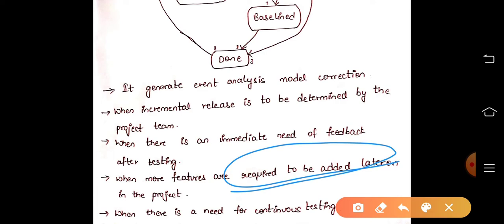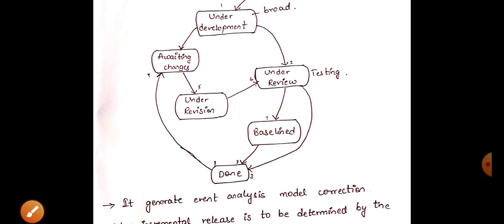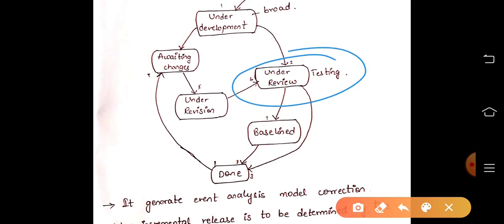And when there is a need for continuous testing, done in under review, when a software product needs continuous testing, then we go for this concurrent model.